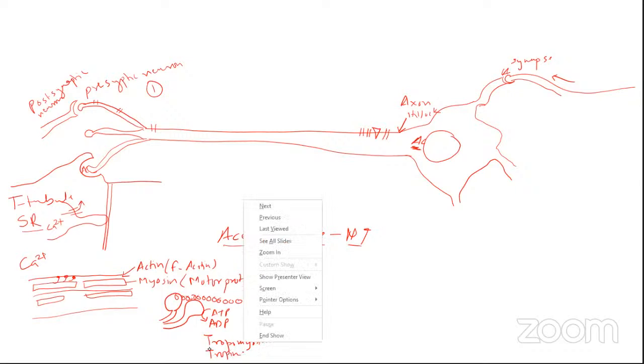So now, because you have heard about all these proteins, can you tell me what's the role of calcium? Calcium binds to troponin C. It is a site where calcium attaches. So what happens then? Then it changes the structure of the molecule, and hence there is power stroke.